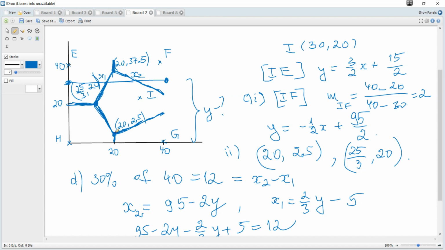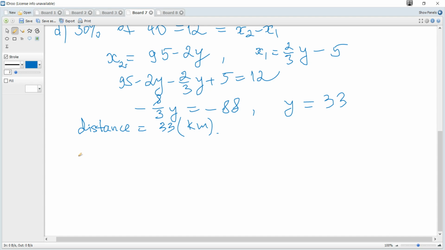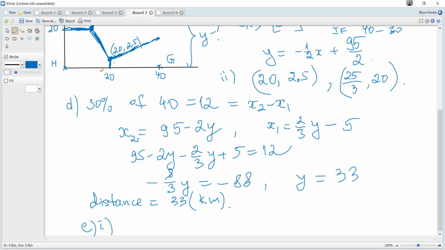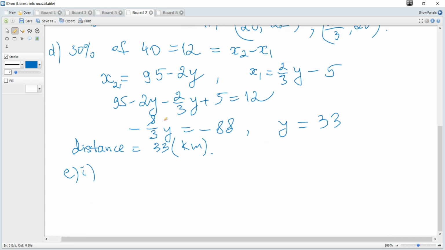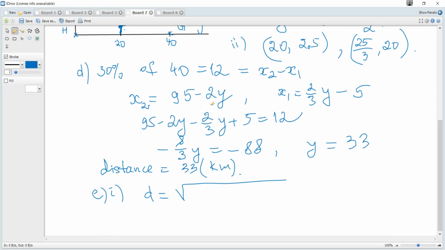And if we consider this vertex, there are the same distances from H to this, from G and from I, and the same due to symmetry from this vertex to E, to F, and to I. And we can find this distance, and we can consider for example H and this point, and consider the formula for distance between 2 points, and it says that distance is the square root of x minus x squared plus y minus y squared.